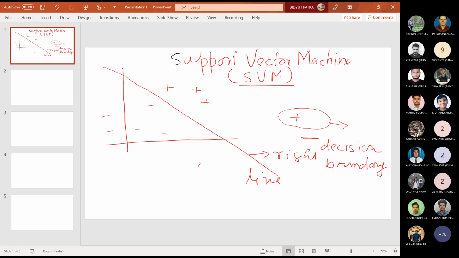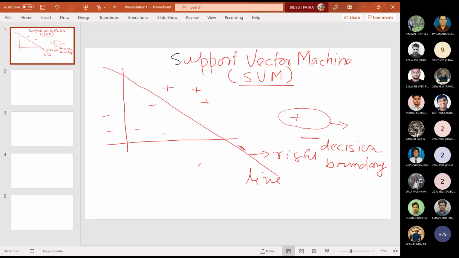In case of 2D, or in case of multiple dimensions, we have to find the right plane which separates the positive and negative samples. The task is to find the line equation that will separate the positive and negative samples so that the separation between them is the maximum.